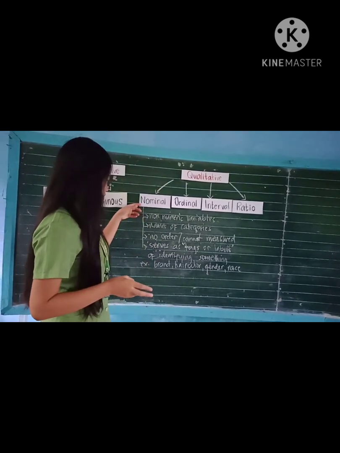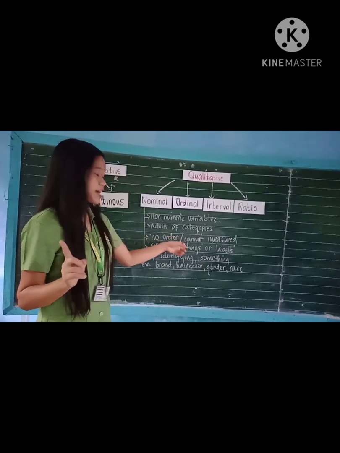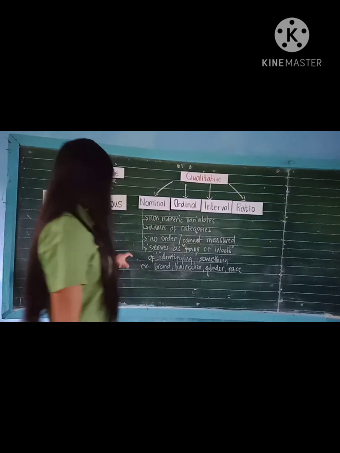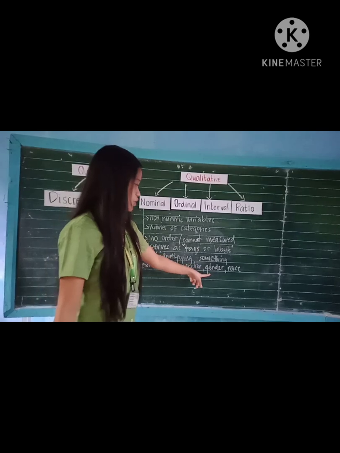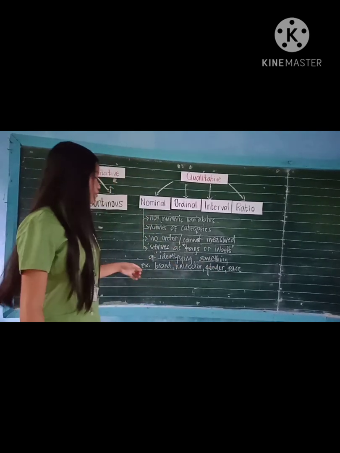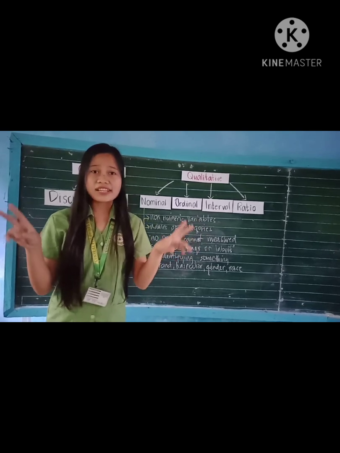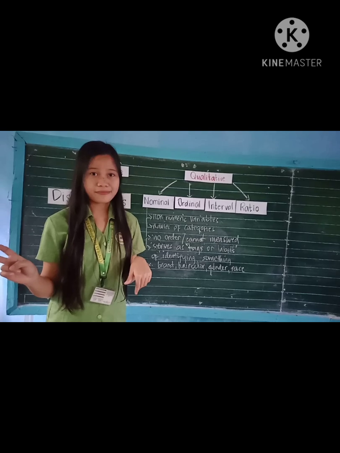In this level, it has no order and cannot be measured. For example, brand, hair color, gender, and race. All of these are names only of categories. It is a name or label for identifying something.